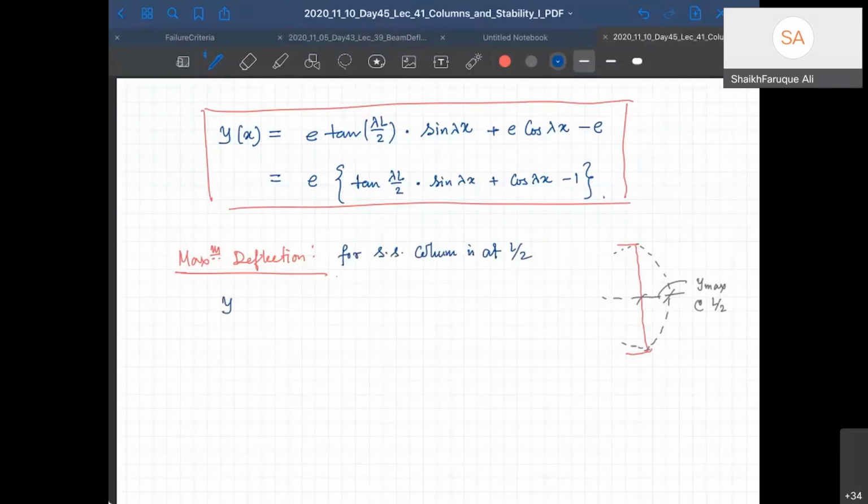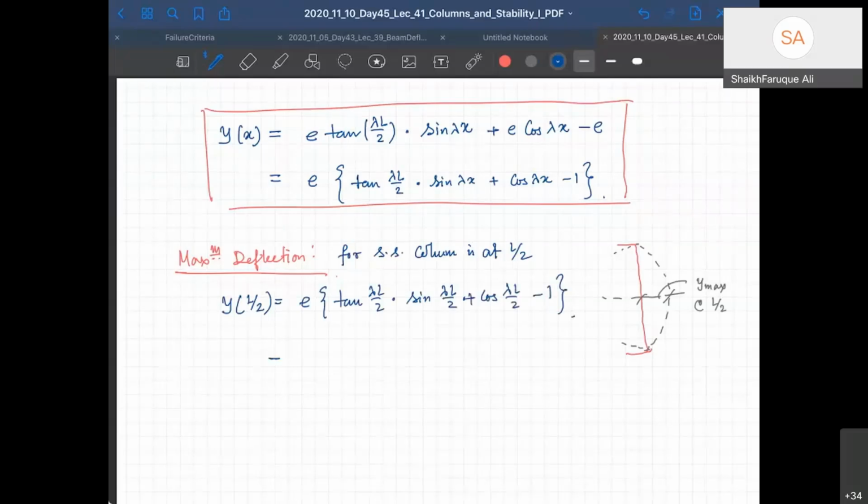So Y of L by 2 is going to be equal to, you put L by 2 everywhere. So E into tan lambda L by 2 into sine lambda L by 2 plus cos lambda L by 2 minus 1.